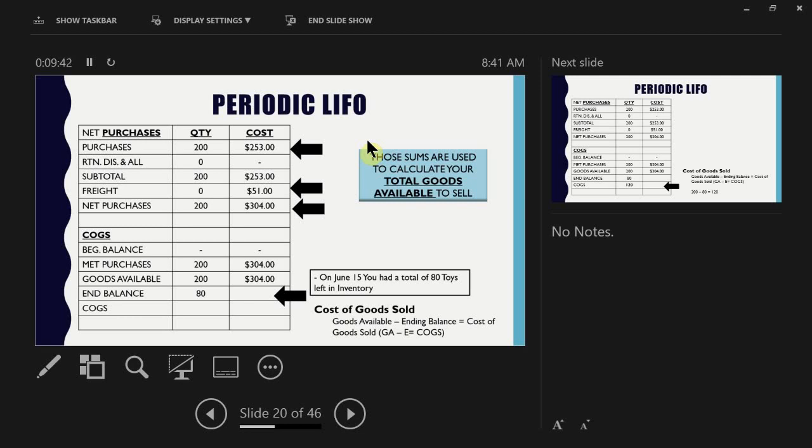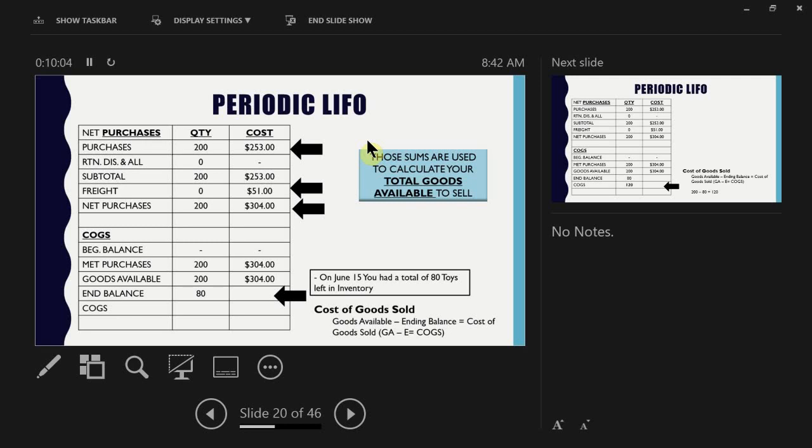Then, because we don't have beginning inventory, that's where we're going to bring down the information from above for the net purchases to get our grand total of goods available. And there you go. You've got your 200 available goods, and it's going to cost you a total of $304.